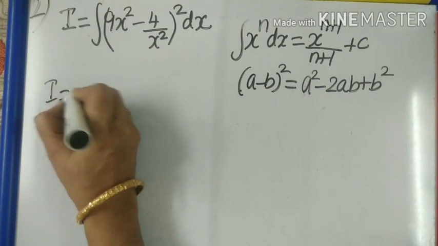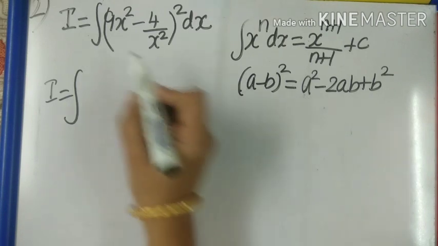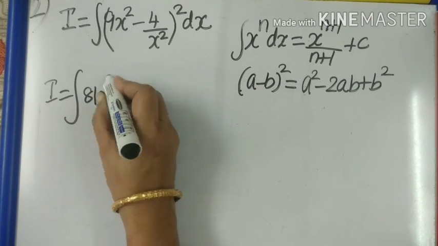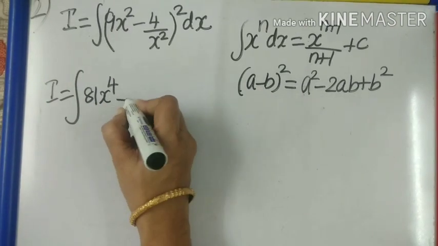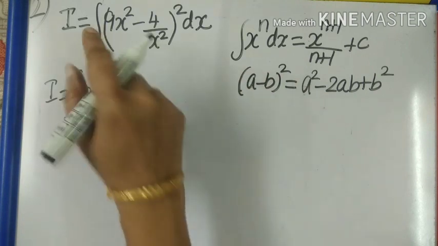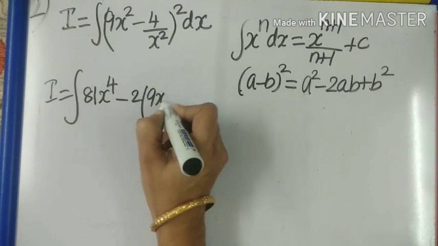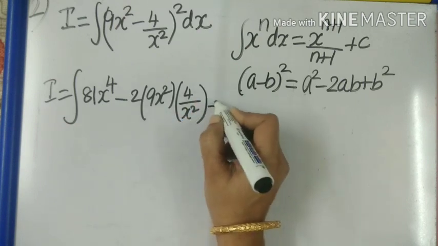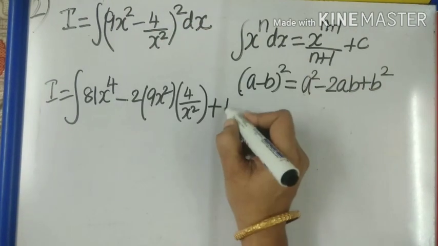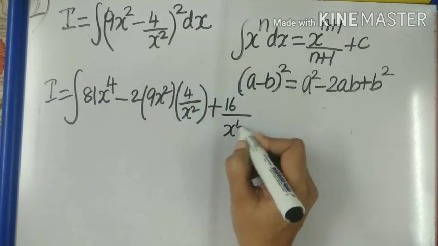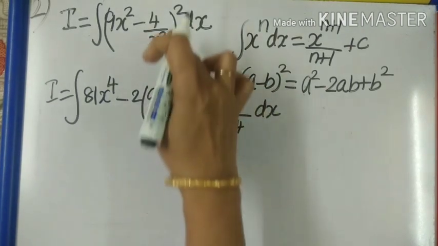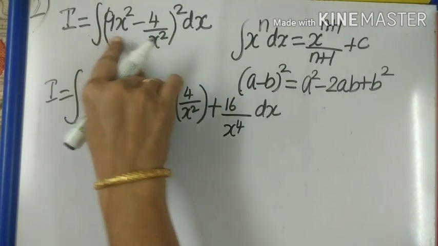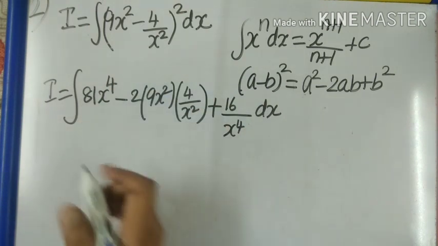So I becomes integral A square, 9 the whole square, 81 x square is x power 4, minus 2AB. 2 into A B is 9x square and B is 4 by x square, plus B square is 16 by x power 4 dx. So my first step is not integration, it is simplification. So A minus B the whole square I have done.